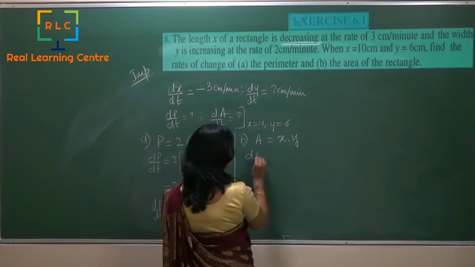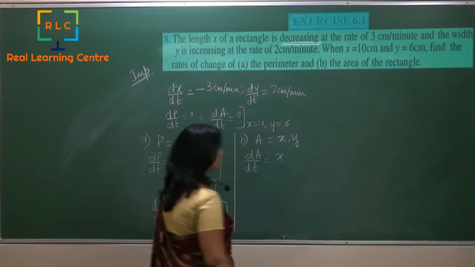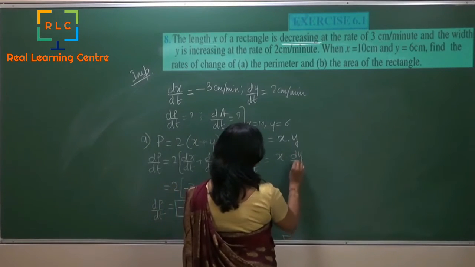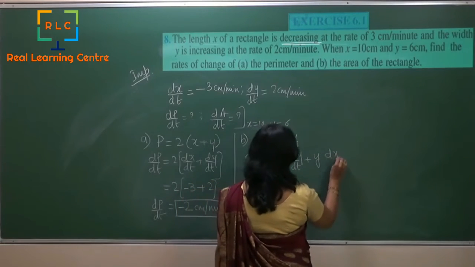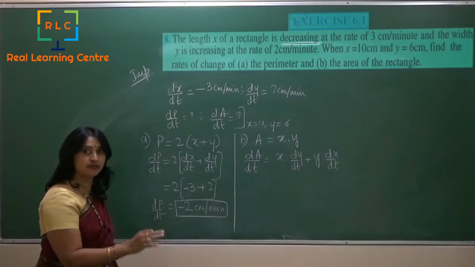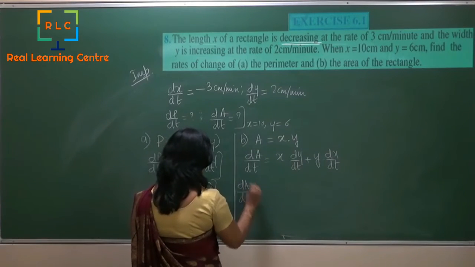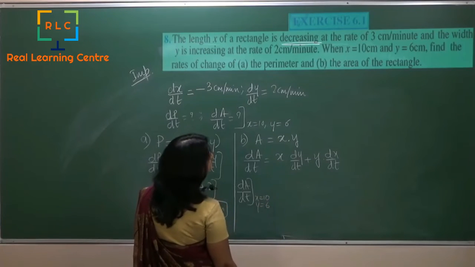So I'll differentiate this. dA by dt is equal to x keep as it is, y differentiation is dy by dt, plus y keep as it is, x differentiation is dx by dt, and we have all the four data which they have given. So dA by dt at x equal to 10, y is equal to 6, am I right?